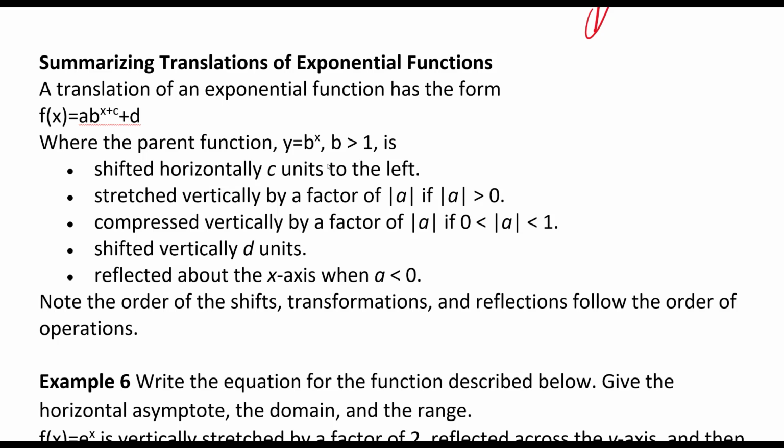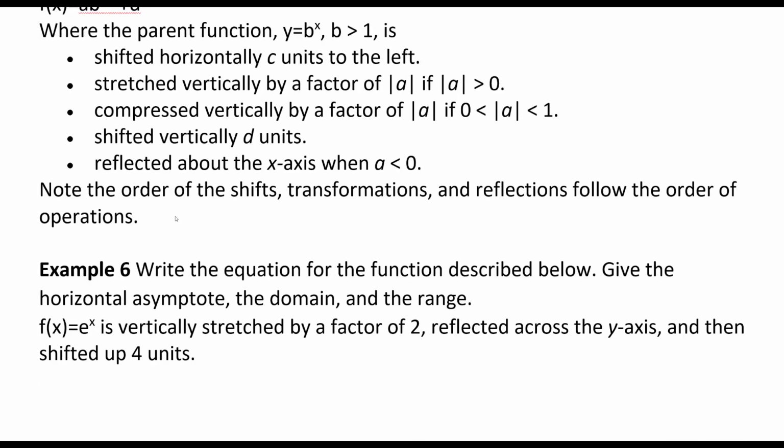Stretched vertically by a factor of the absolute value of a if the absolute value of a is greater than 1. Compressed vertically by a factor of a if the absolute value of a is between 0 and 1. Shifted vertically d units, and reflected about the x-axis when a is less than 0. Note the order of the shifts, transformations, and reflections follows the order of operations.